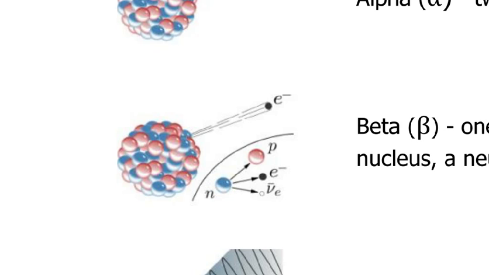A neutron in the nucleus decays. It's unstable, right? The nucleus is unstable. So at some point, a neutron in there is going to spontaneously decay into a proton. What? A neutron turns into a proton and it emits an electron. Well, if it helps you to think about it this way, you could think of a neutron as kind of like an electron and a proton squished together to make a neutral neutron.